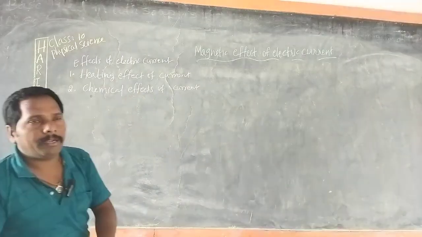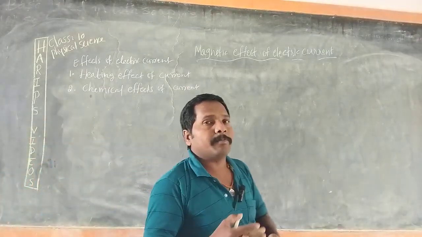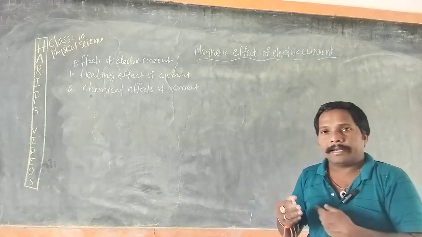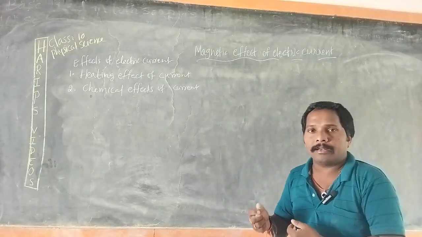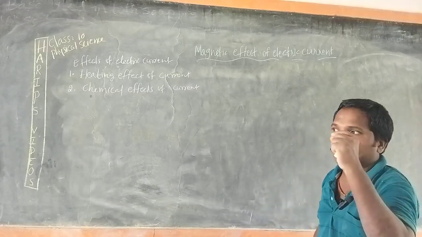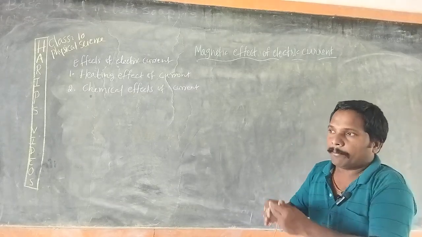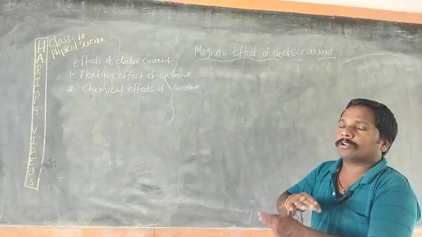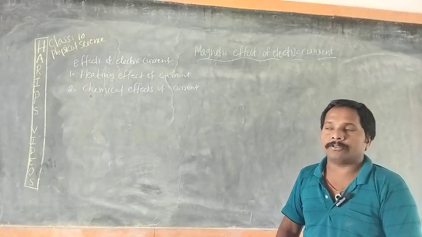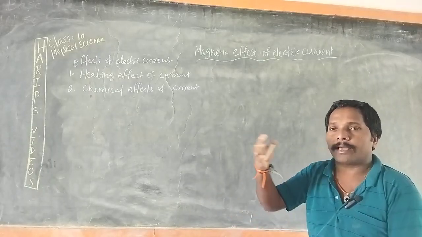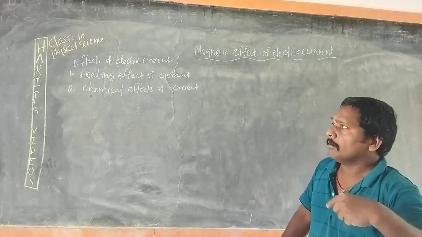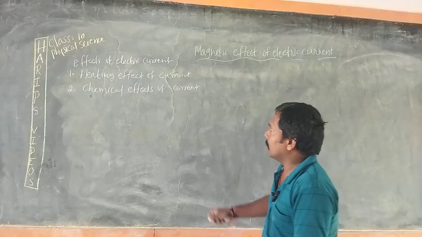It means what happens when electric current is passed through a conducting solution. That conducting solution we call an electrolyte. When electric current is passed through an electrolyte, the electrolyte dissociates into ions. These ions carry the current and show some effects. What are the chemical effects you learned?